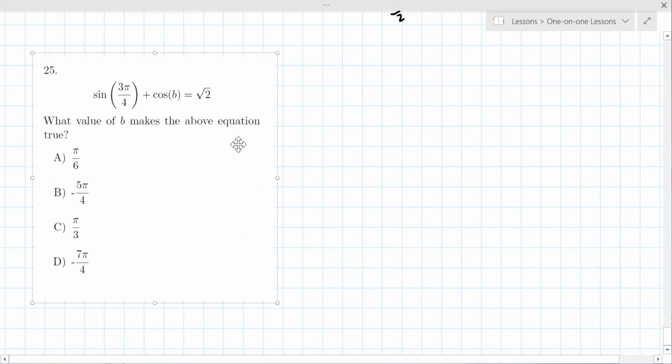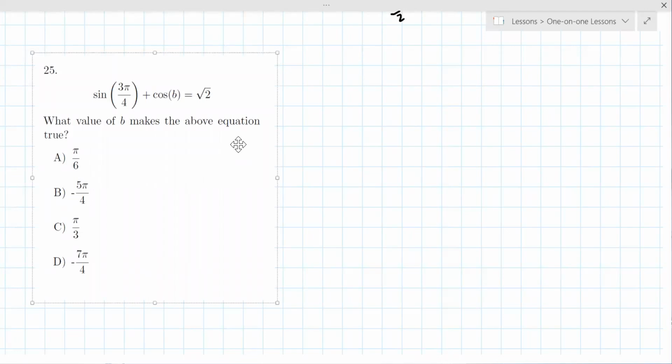All right. So sine of 3 pi over 4. Sine of 3 pi over 4. Let's find that. 3 pi over 4.